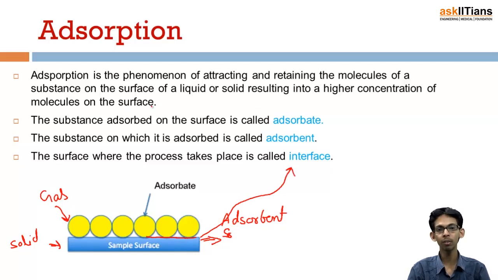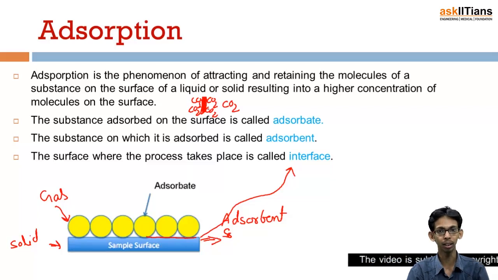So what is adsorption? Adsorption is the phenomenon of attracting a substance on the surface of another substance. Say we have a solid, let's say charcoal, and we know that it has an ability to attract or adsorb gaseous molecules. Let's say carbon dioxide comes and gets accumulated on the surface of this charcoal. We will say that adsorption is taking place because gaseous molecules are present on the surface of the solid but not in the bulk.